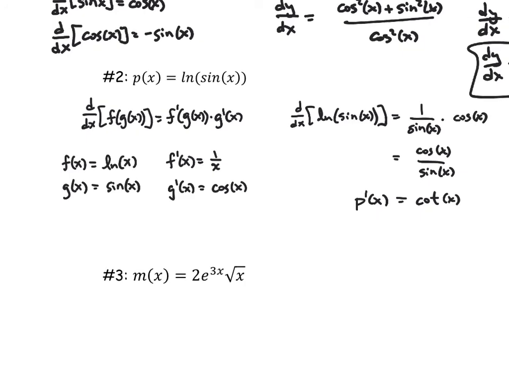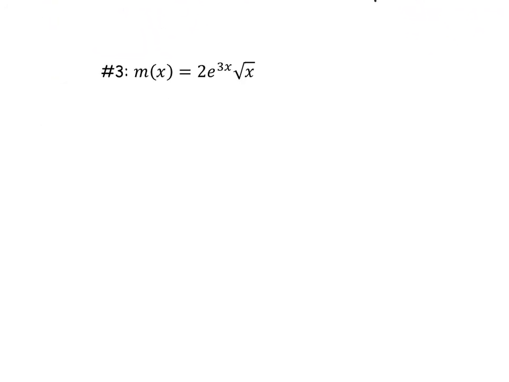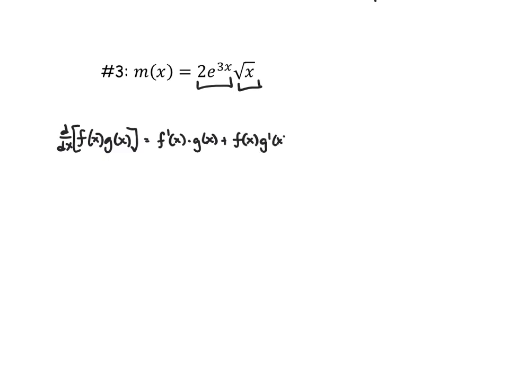Just awesome. Okay, product rule. m of x. All right, here's my first function. Here's my second function. So f times g, if I take the derivative with respect to x, is derivative of the first times the second left alone plus the first times the derivative of the second.